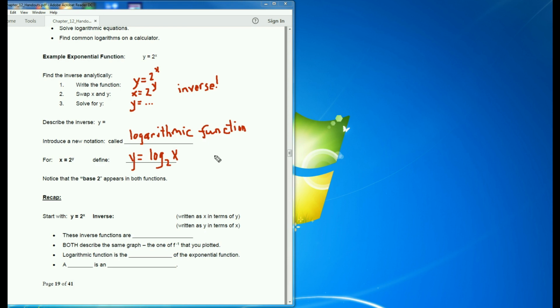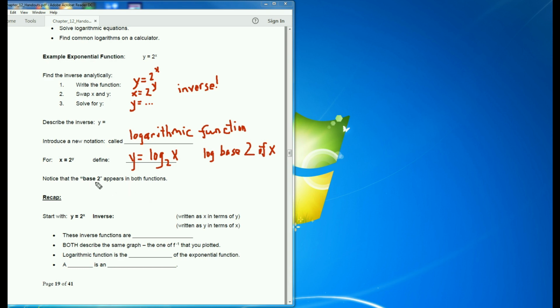And again, in words, you would say log base 2 of x. And just to clarify, that is a subscript. That 2 is a little subscript.